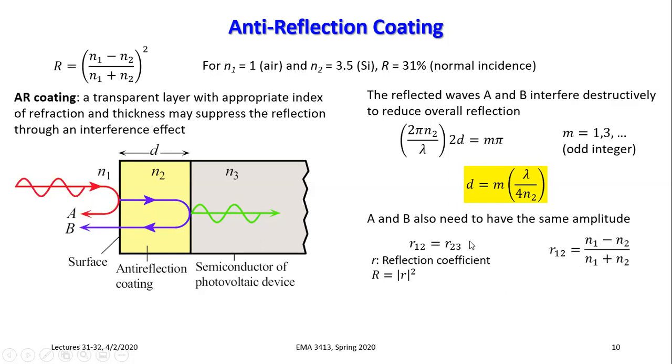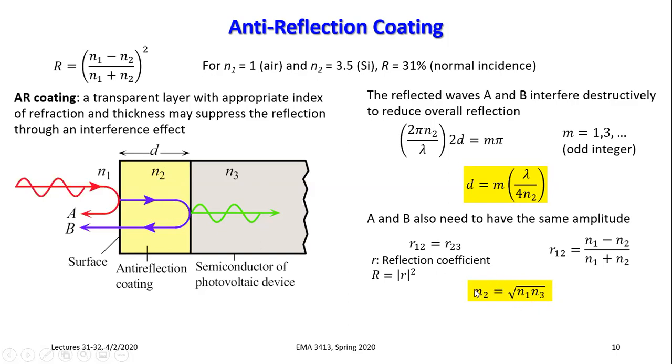So if you want to achieve the same reflection coefficient, then actually, throwing away the math, you can get to the index of refraction of this material should be the geometric average of the indices of refraction of the two media on either side of the AR coating. Okay, so those are the two requirements on the thickness and also on the index of refraction.